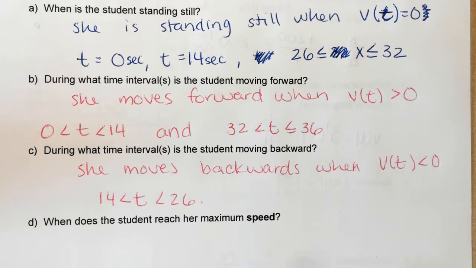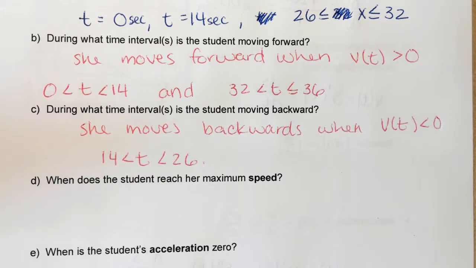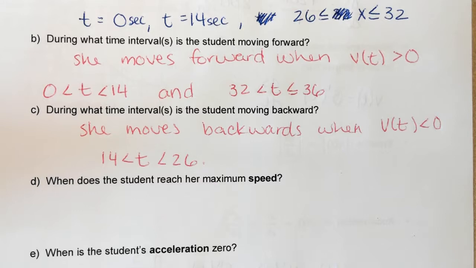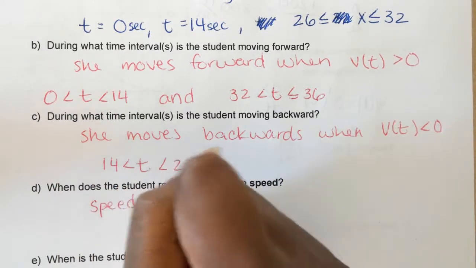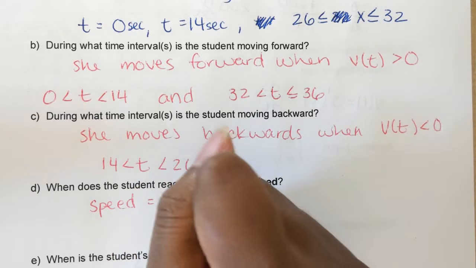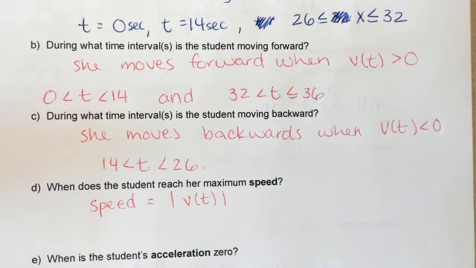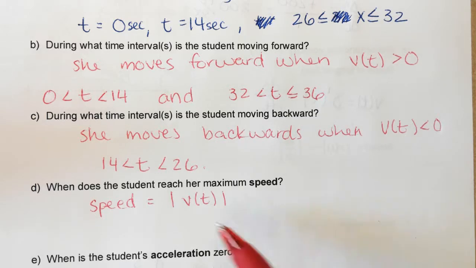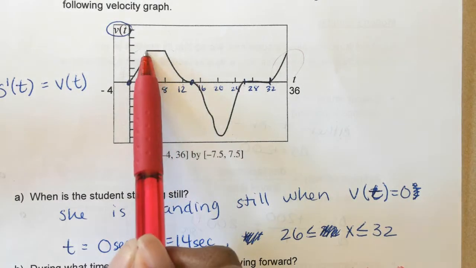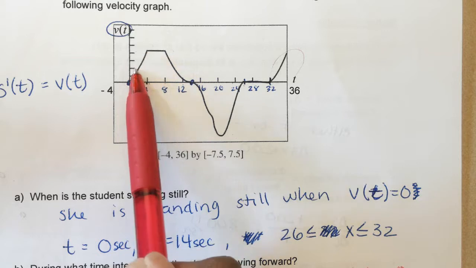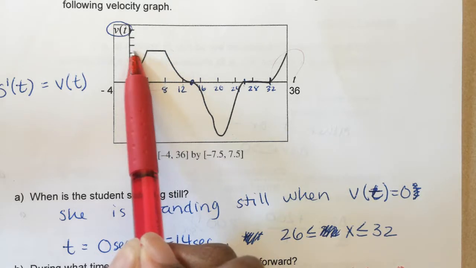Next thing we want to know is when will the student reach her maximum speed? So we know that speed is equal to the absolute value of v of t. So we want to know when is the absolute value of v of t the greatest. So when we look at our graph, up here, v of t is 4 or so.